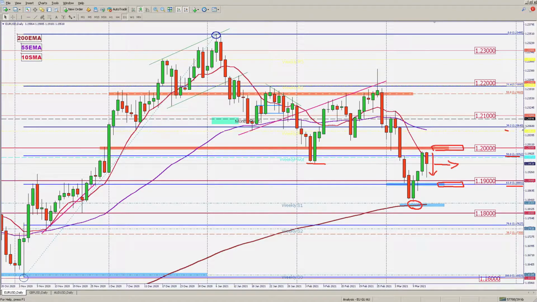If it does, then the next key resistance is going to be at a 38 FIB extension, FIB retracement area at 120.65. And if it does dip lower, then there's the support from the 200 EMA.